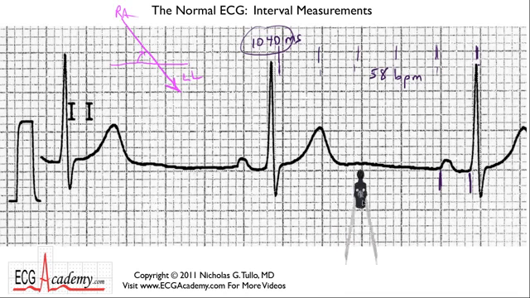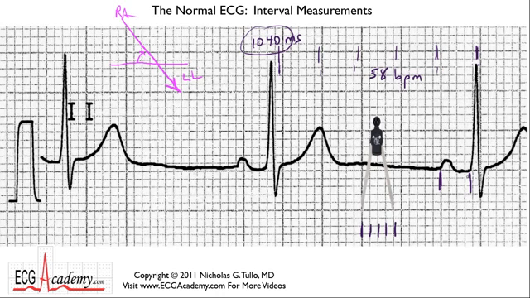You lay down one point at the very beginning of the P wave, and then the other point goes at the very beginning of the QRS complex, and that measures out the PR interval. And then you pick up the calipers without moving the points, of course, and you lay it on a heavy line, and then you count off how many milliseconds this is. So that's 40, 80, 120, and just about 160 milliseconds.